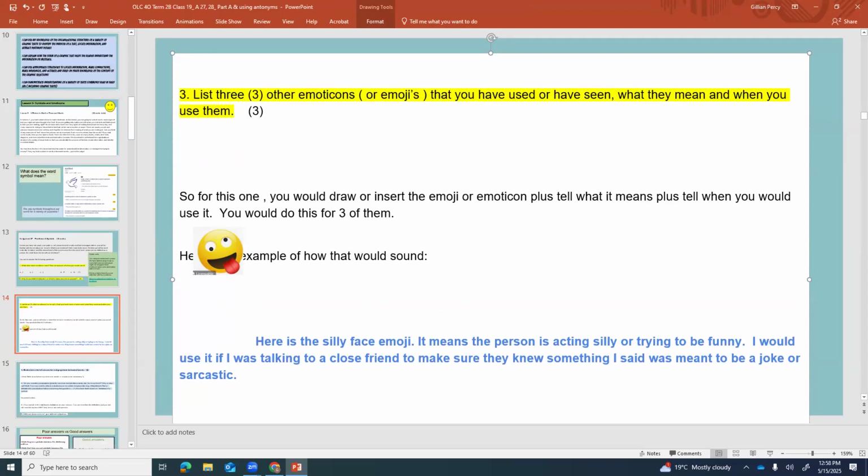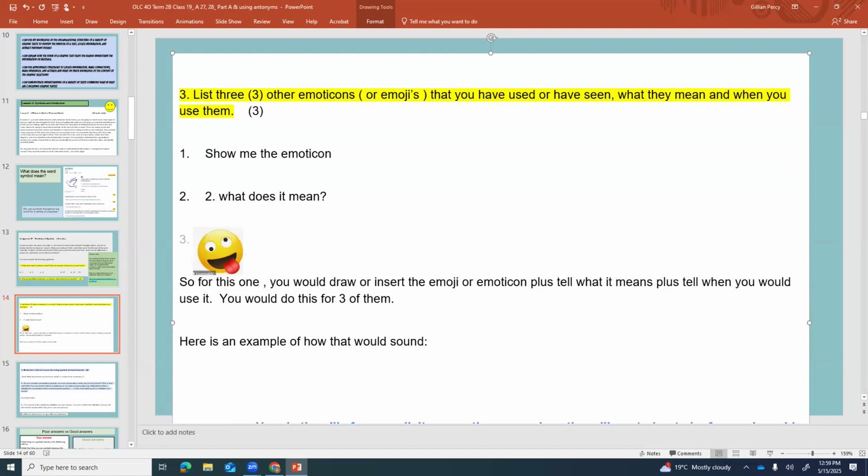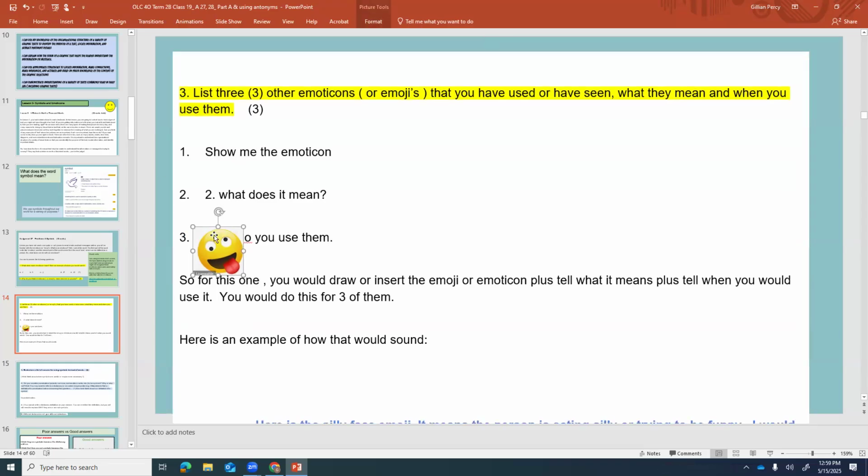So, 1, show me the emoticon. 2, what does it mean? And then 3, when do you use them? Sometimes I'll have people just put the emoticon on there and they don't really get the marks for this.